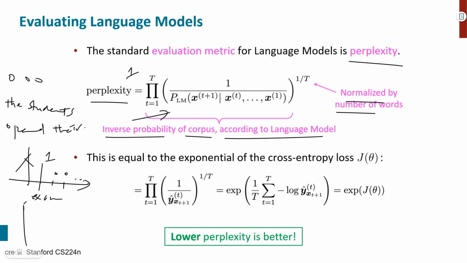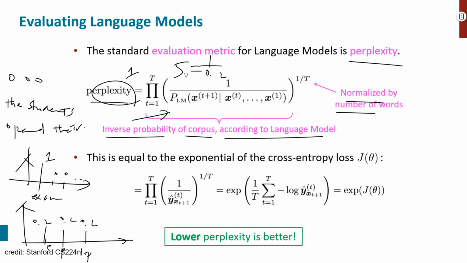However, if our language model predicts the probability of the next word being exams is 0.2, paper 0.2, and laptop 0.2, then this perplexity is going to be 5, because it's the inverse of 0.2. You can see perplexity as how many options our language model has for the next word.